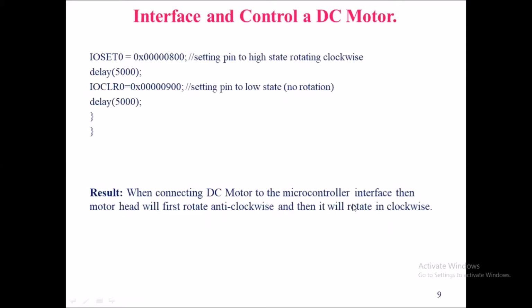If you connect those two pins of the DC motor to the DC motor interface, which is situated in the microcontroller board, then the motor shaft will first rotate in anti-clockwise and then it will rotate in clockwise direction. I will explain in detail in the program how the motor shaft will rotate in clockwise as well as in anti-clockwise direction.